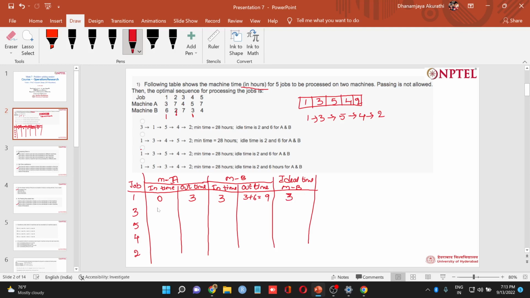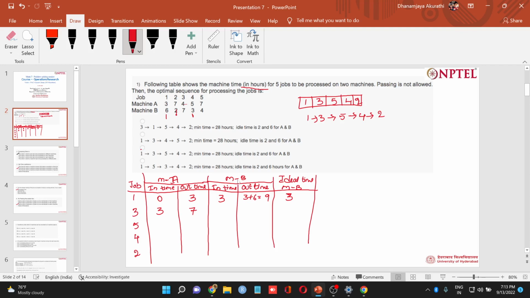In the next case, after doing job 1, mission A gets to relax right after 3 hours. So for the next job, the in time is 3 hours. Completing job 3 on mission A takes 4 hours, so 3 plus 4 is 7 hours, the out time for mission A doing job 3.